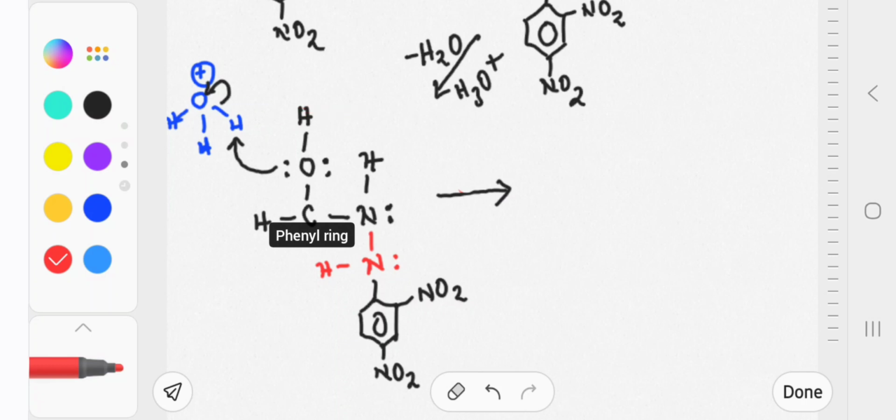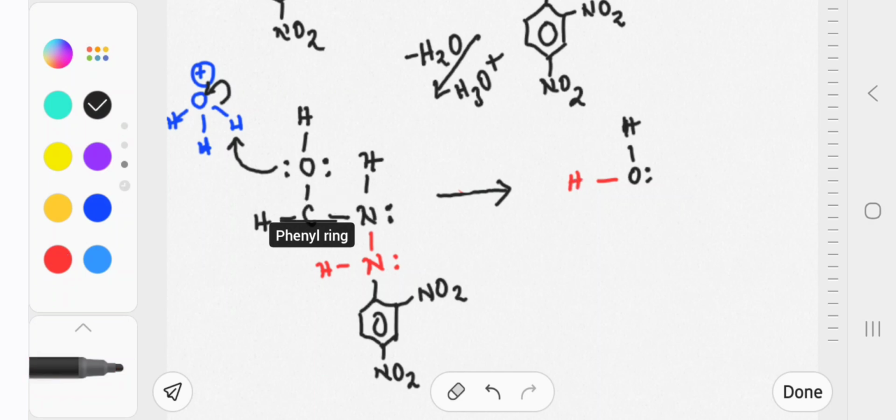So I'll start with hydrogen here, then we have a bond to oxygen, non-bonding electrons here. These two non-bonding electrons you see here are forming a bond with another hydrogen, the new one.